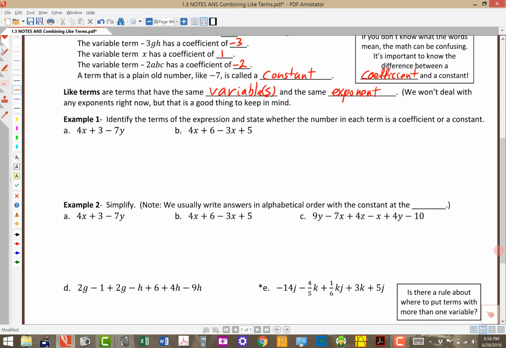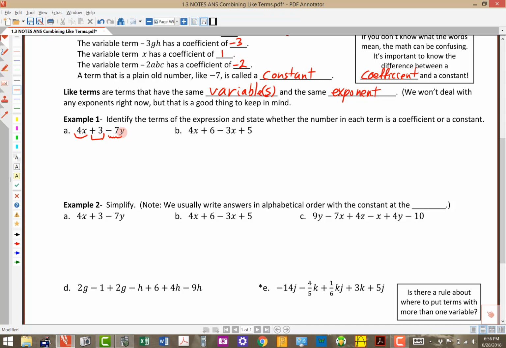So on example 1, take a look at the instructions. It's very specific. It says identify the terms of the expression and state whether the number in each term is a coefficient or a constant. So I'm going to do this. That's one term. That's another term.